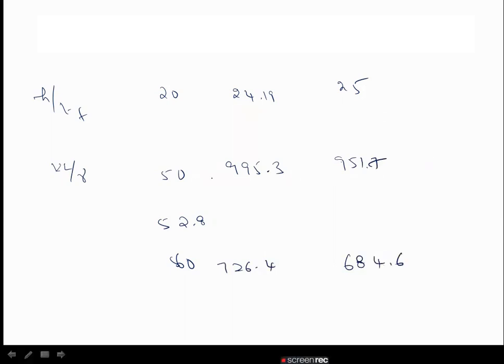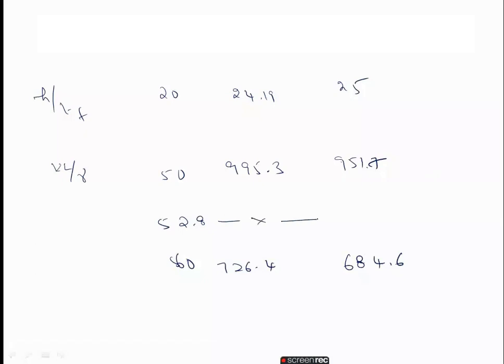Here for the 50, this value is 995.3, this value is 951.7, and again here 726.4 and 684.6. Okay, so if you observe, now we need the value for this case, and we need the value for this case.